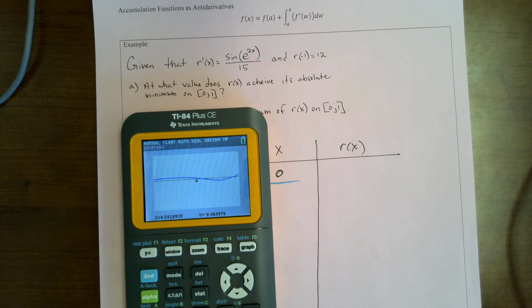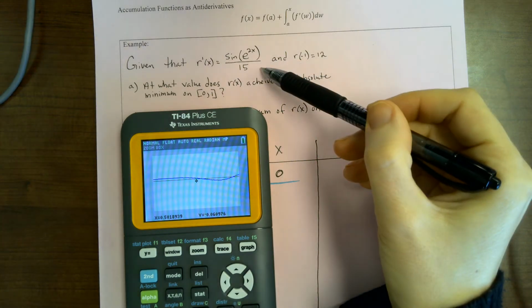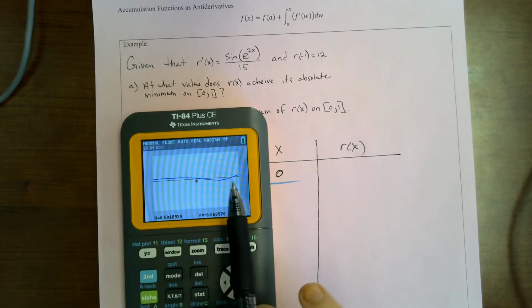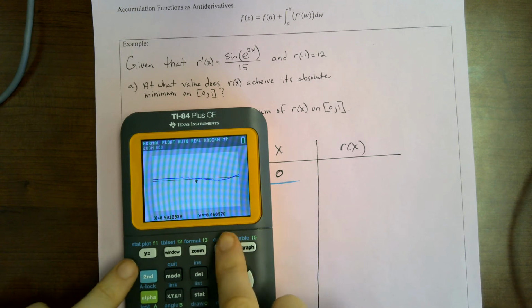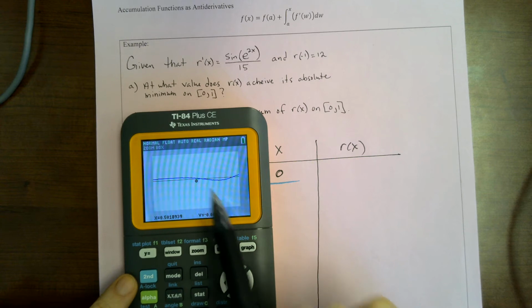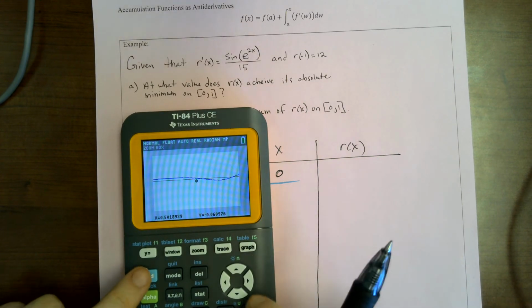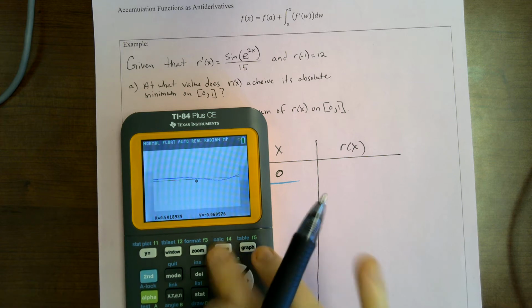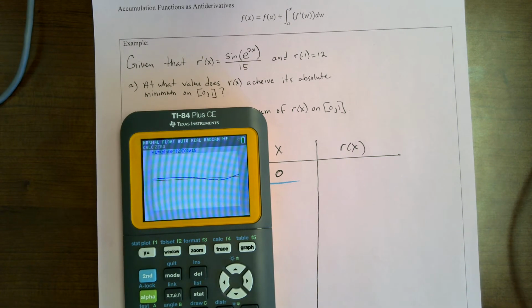It looks like we've got two critical numbers. This is the graph of the derivative, and there's two places where it crosses the x-axis. There is a way to find the zeros. I'll find this 0 one way, and then I'll find the other 0 another way. For this 0 here, I can go second trace, which brings you to the calc menu, and then 0.